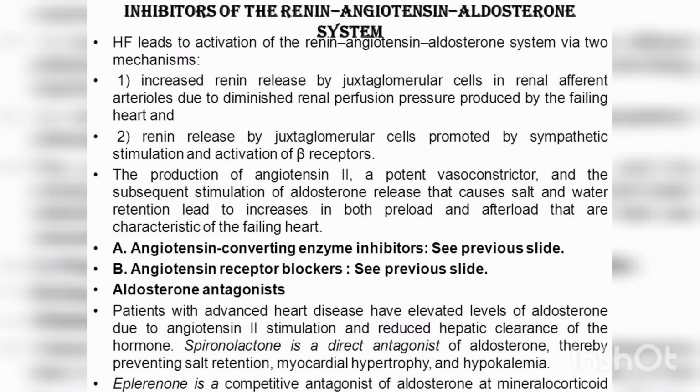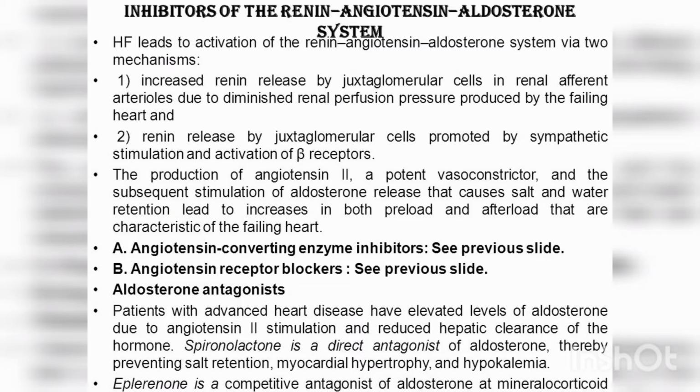Inhibitors of the renin-angiotensin-aldosterone system. Heart failure leads to activation of the renin-angiotensin-aldosterone system via 2 mechanisms. Number 1, increased renin release by juxtaglomerular cells in renal afferent arterioles due to diminished renal perfusion pressure produced by the failing heart, and second, renin release by juxtaglomerular cells promoted by sympathetic stimulation and activation of beta receptors.